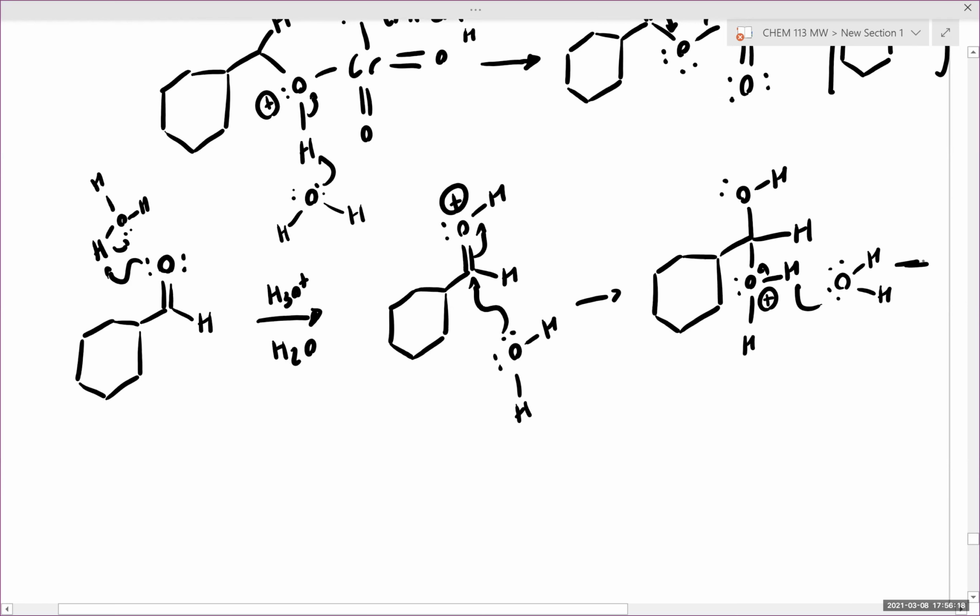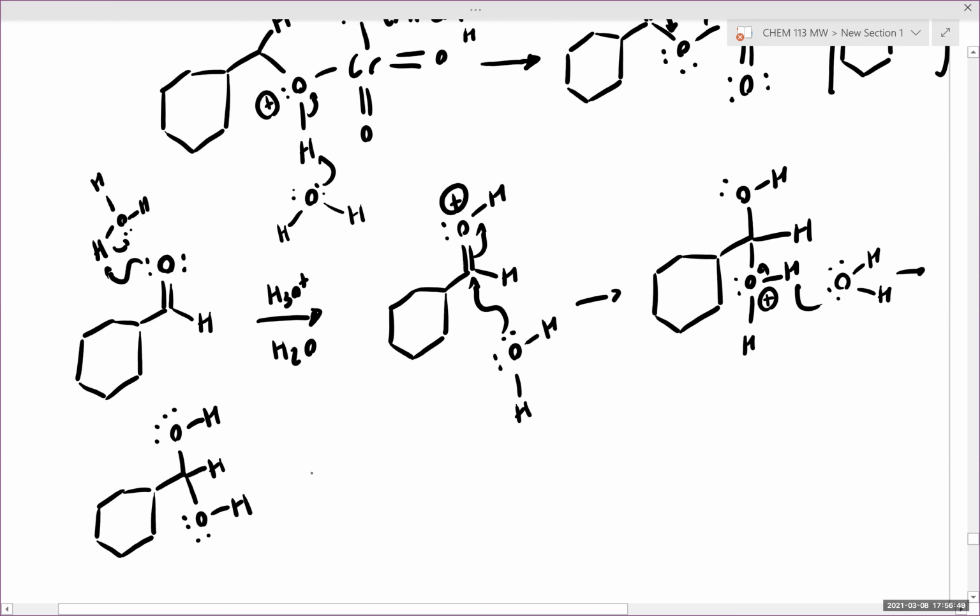So that in turn gives us the following functionality. And now we have a nucleophilic handle that can react further with our chromium trioxide.